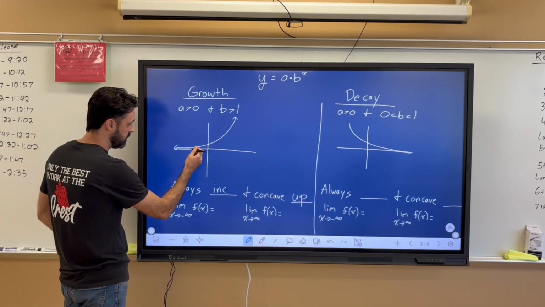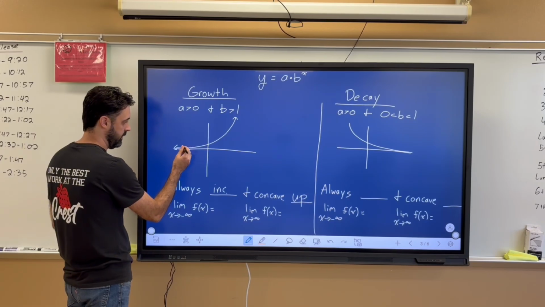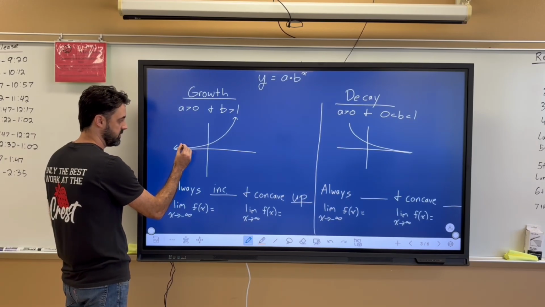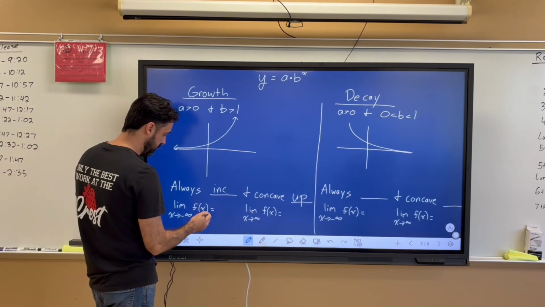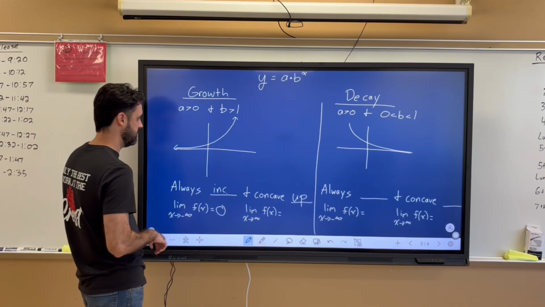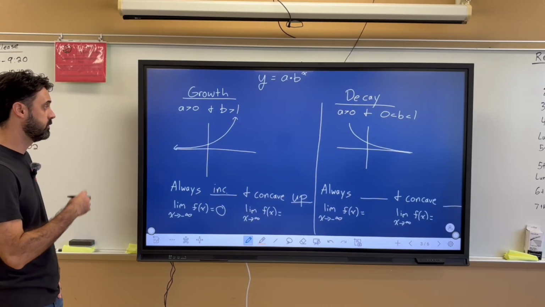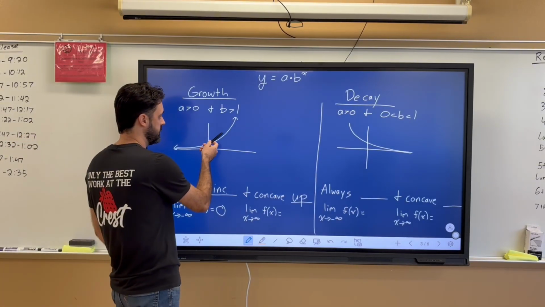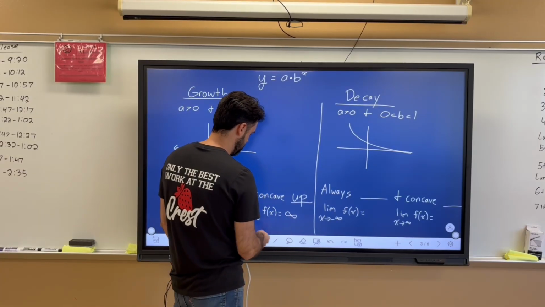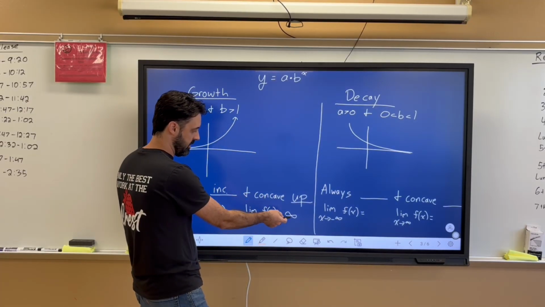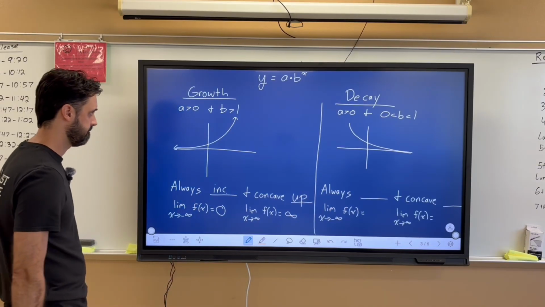Well, the function is getting closer to a y-coordinate of 0. If you were to find all these y-coordinates, they're getting smaller and smaller, but they're getting closer to 0. So as we move left, the graph is approaching 0. As we move right, this graph is headed right and up, and the y values are moving up.